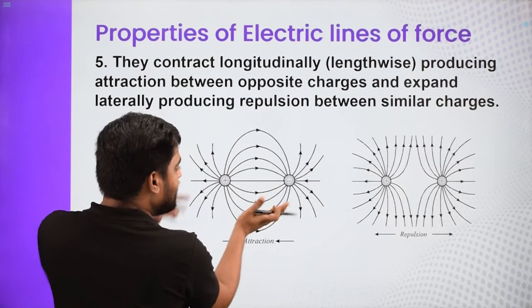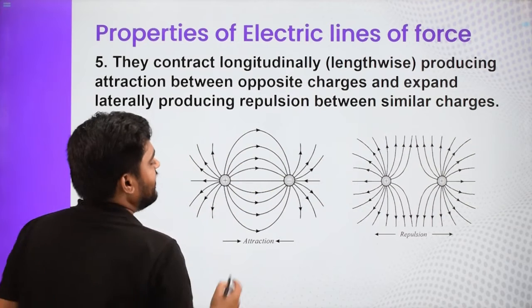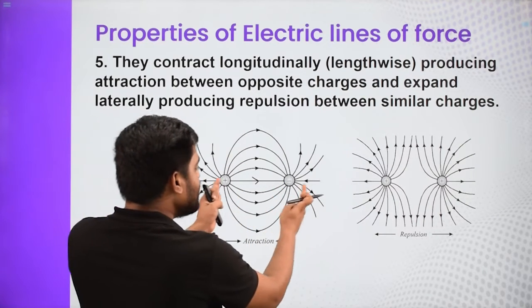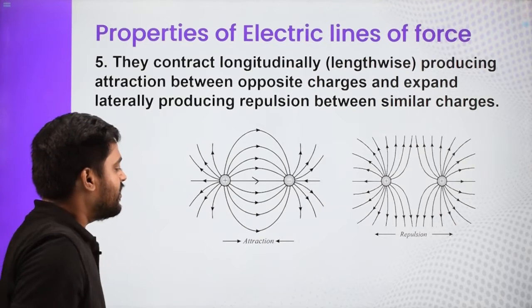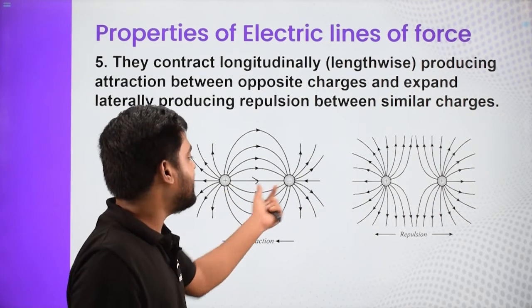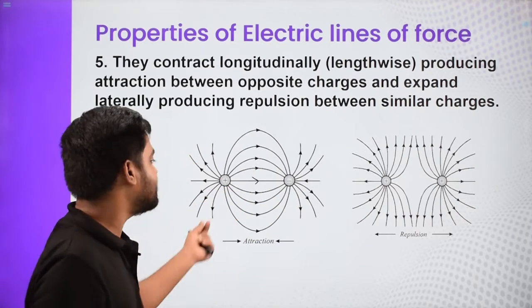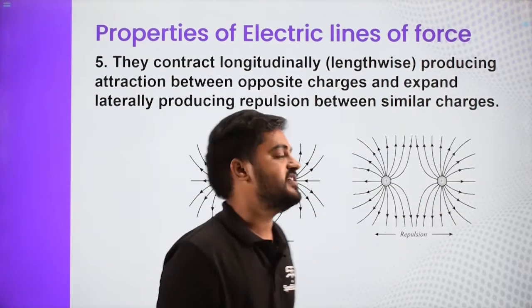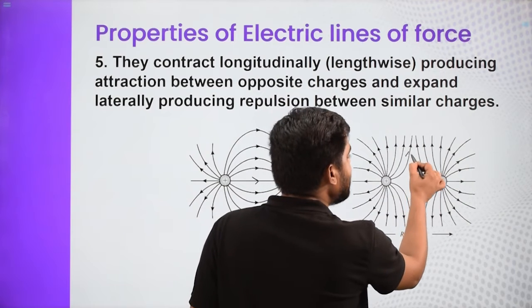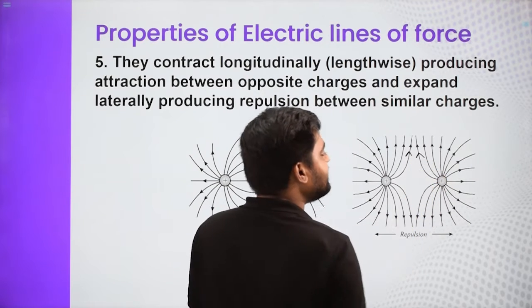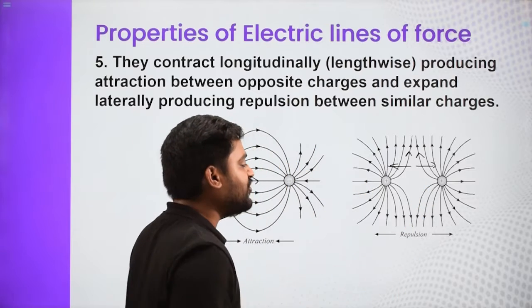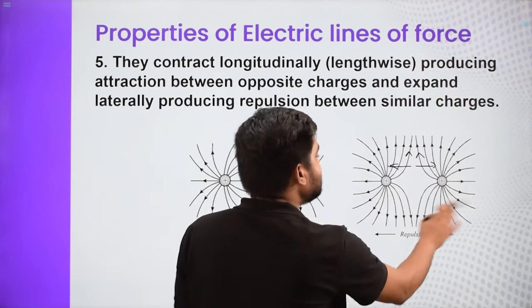So they are trying to decrease the length, due to which they will kind of attract, producing the attraction between these two charges, the positive and negative. This is a field pattern due to a positive and negative charge, and this is a field pattern due to two positive charges. So here, two field lines going in the same direction kind of repel each other, and hence they will produce the repulsion between both the charges here.